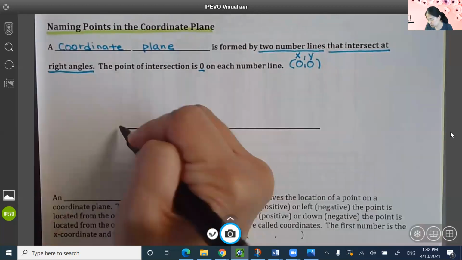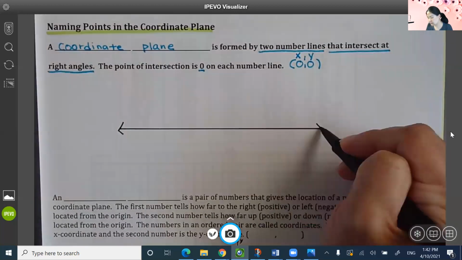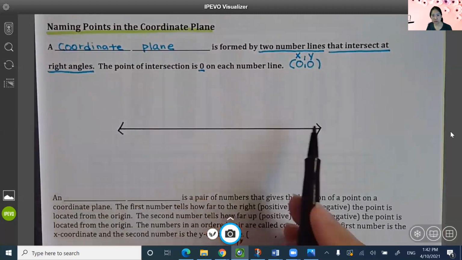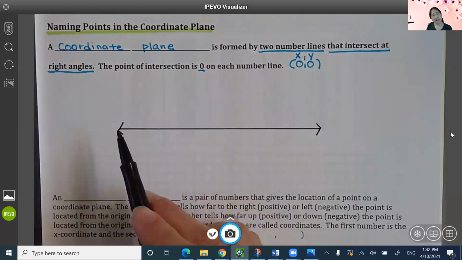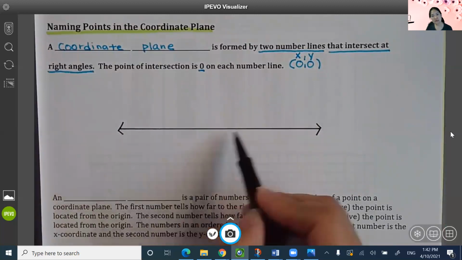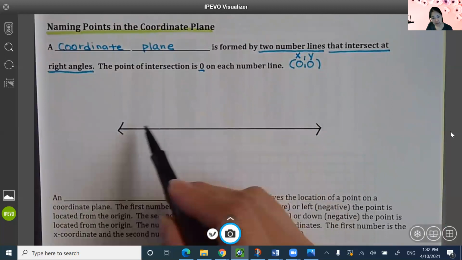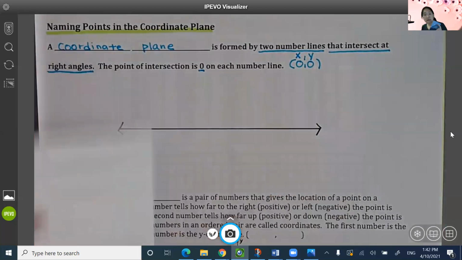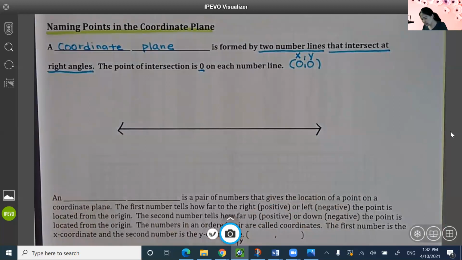And I am going to draw two arrows to show that this horizontal number line keeps going to the right and to the left. Okay, and remember, let's say I have 0 here, then these are my positives and these are my negatives.